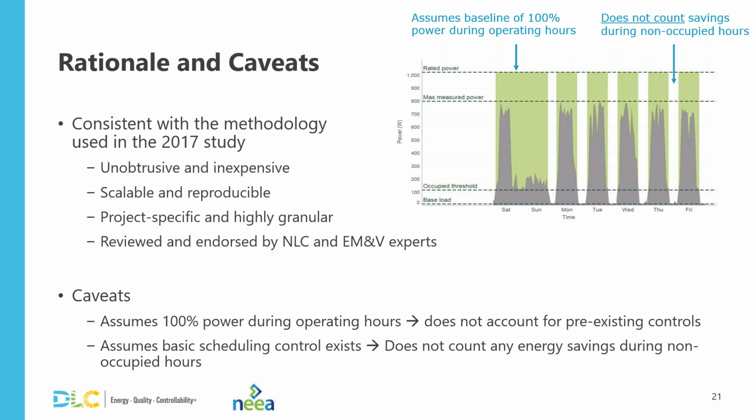Secondly, the occupied threshold mentioned in the previous slide implicitly assumes the existence of some sort of basic scheduling control in the baseline, and therefore does not count any energy savings during non-occupied hours. And this will likely have resulted in some level of underestimate of the actual savings.